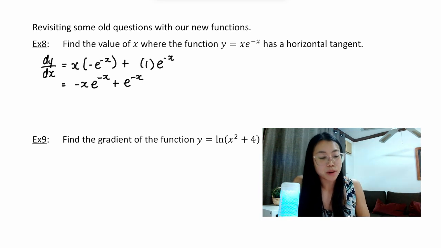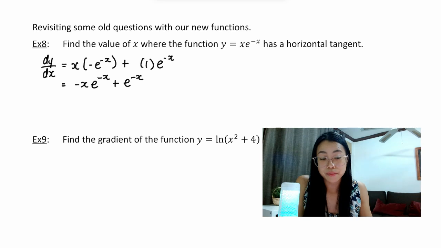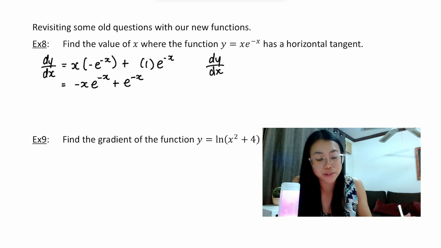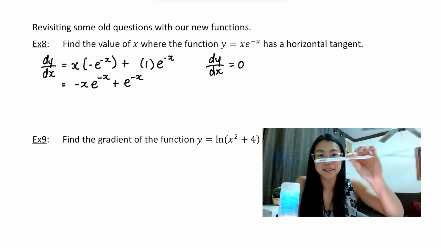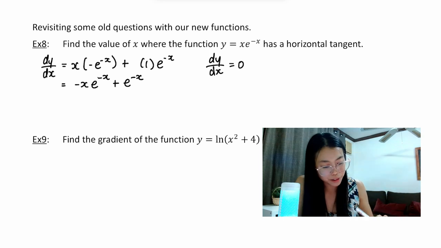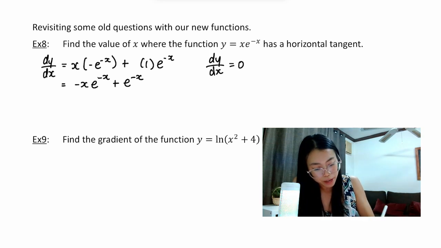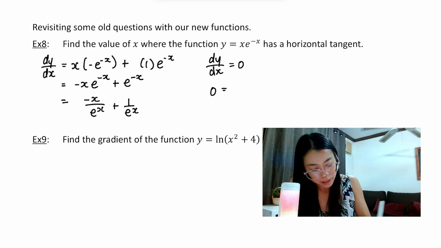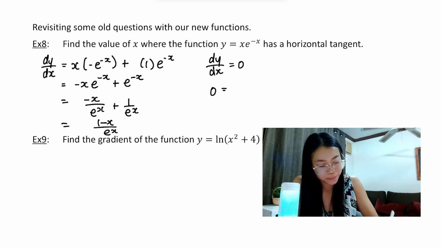This is going to have a horizontal tangent when the derivative is equal to 0. And that's because the gradient of a horizontal line is 0. So actually, let's rewrite that derivative function so it looks a bit nicer. I'm going to combine this into a single fraction, giving me 1 minus x over e to the x.